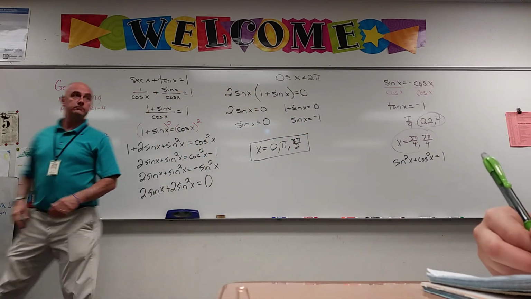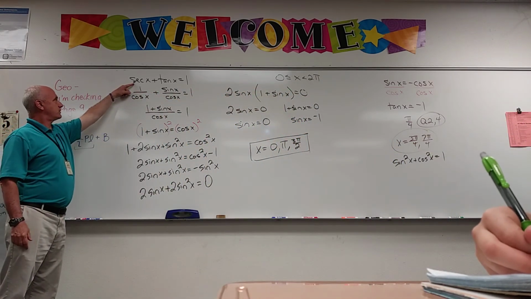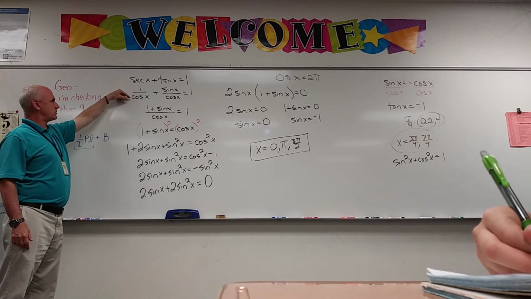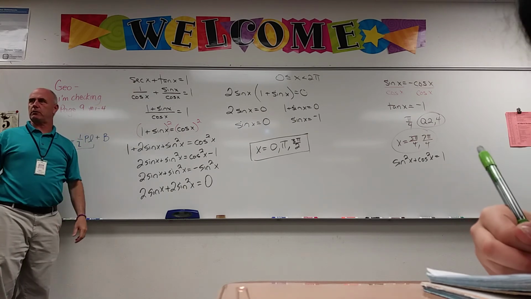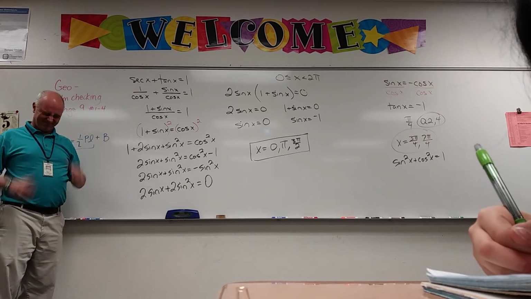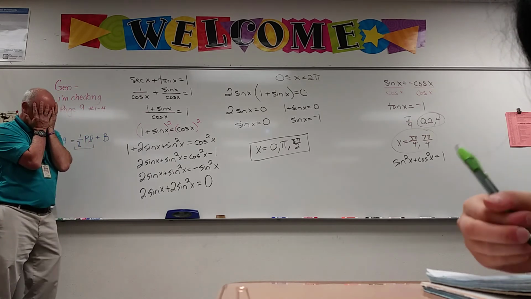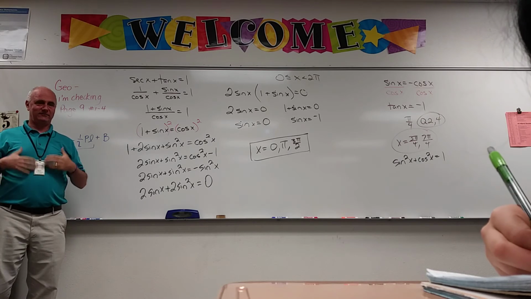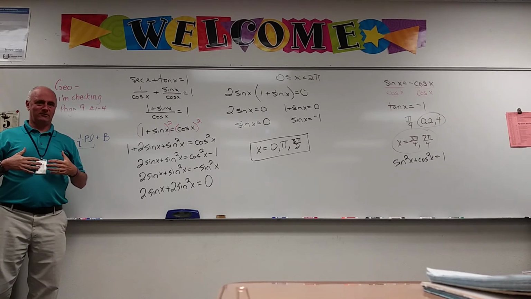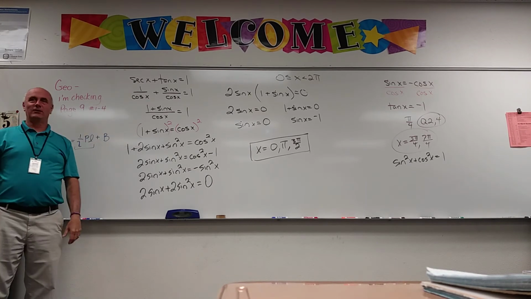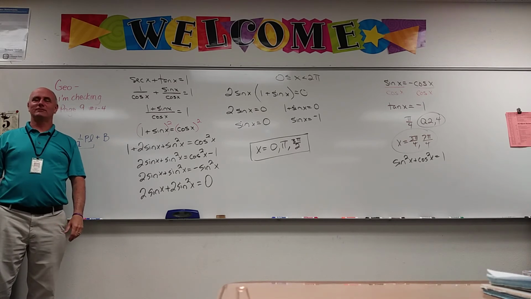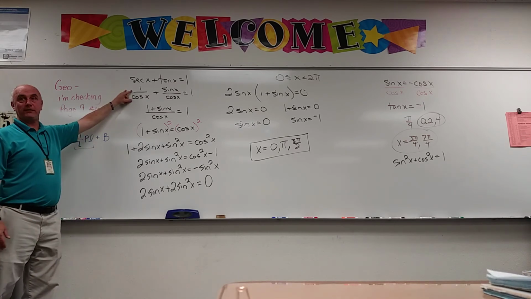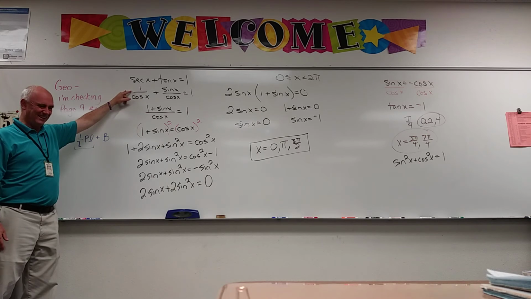X is 0. Secant of 0 is the reciprocal of cosine of 0. What's the cosine of 0? Wait, I forgot the chart.